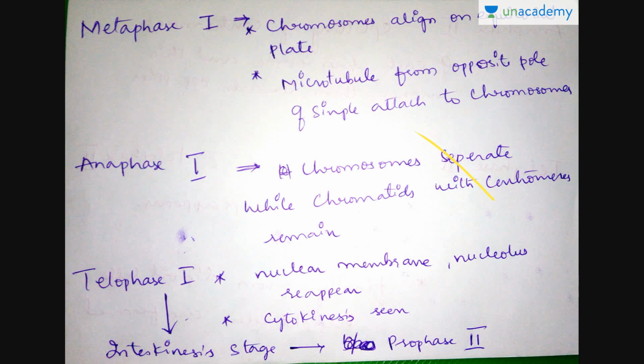After telophase 1, division of cytoplasm occurs. This is called cytokinesis. There is a stage between telophase 1 and the next prophase 2. This phase is called the interkinesis stage. I am repeating again, there is a phase between telophase 1 and prophase 2, called interkinesis.